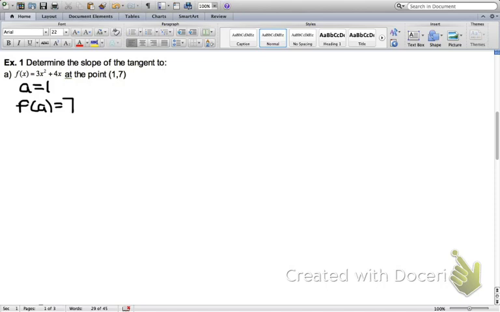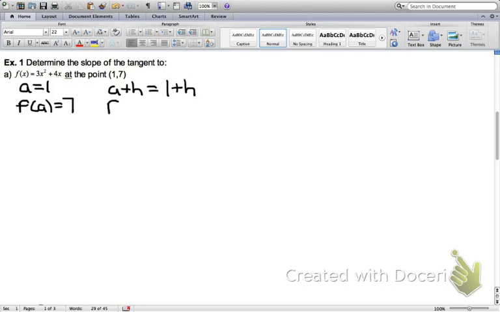You could also show this by subbing in 1 for your x value in your equation. So therefore, we want to find what A plus h will be, which is 1 plus h, since our A value is 1. Remember, given the point 1, 7.